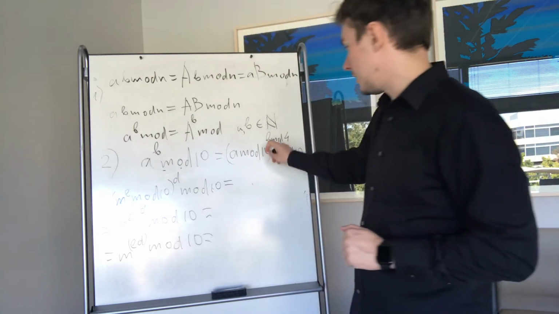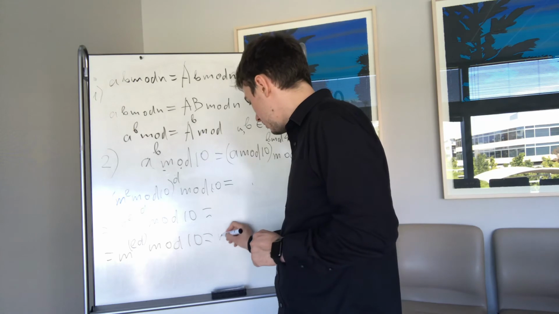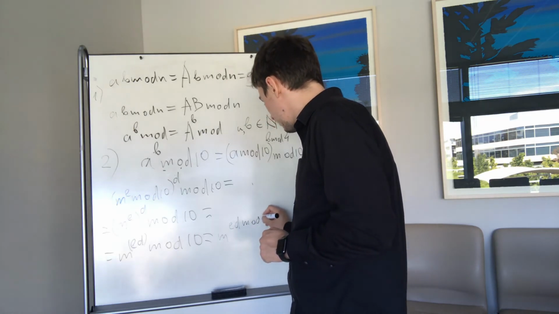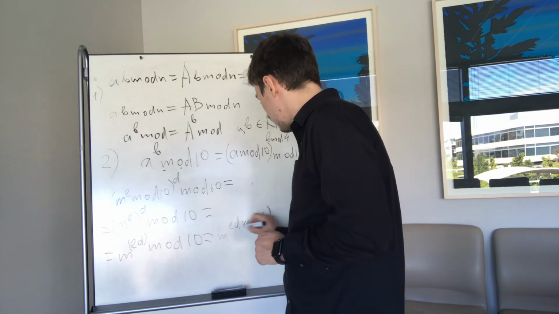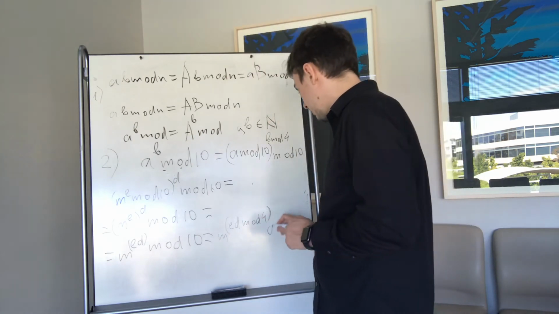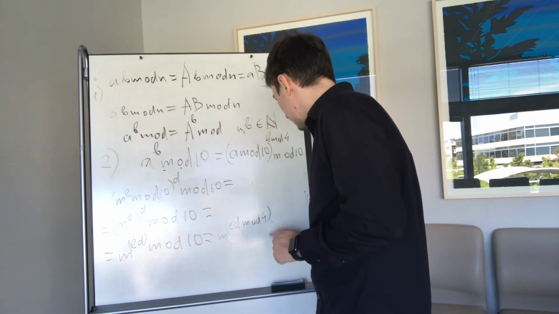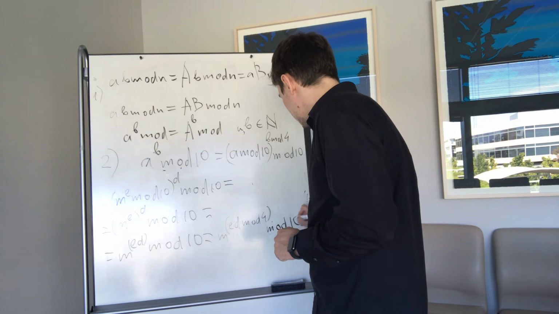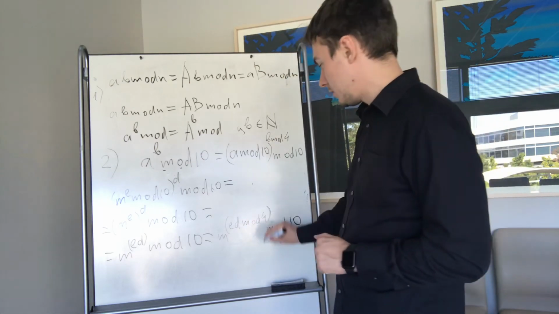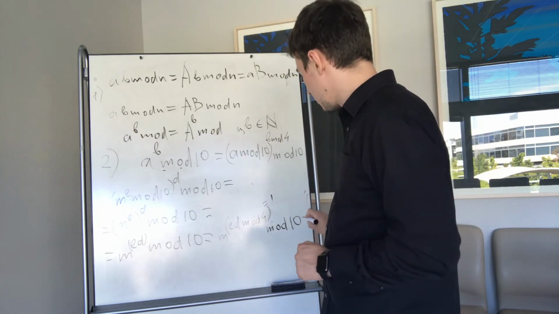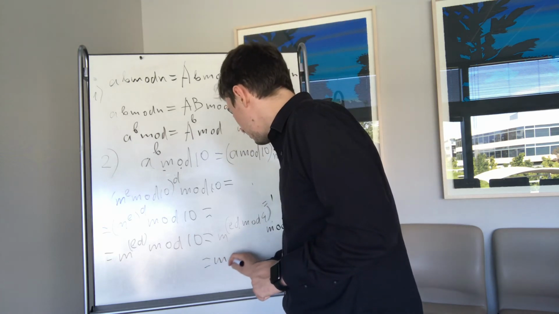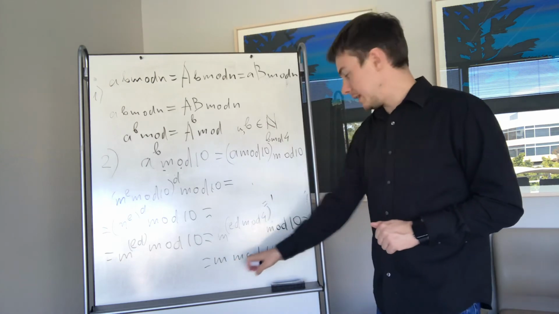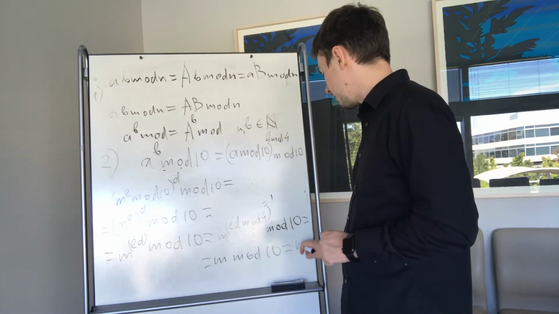And now we can use this formula: M power E times D mod 4, mod 10. But this equals 1. Now this equals M mod 10. But M is less than 10, so it means it equals M.